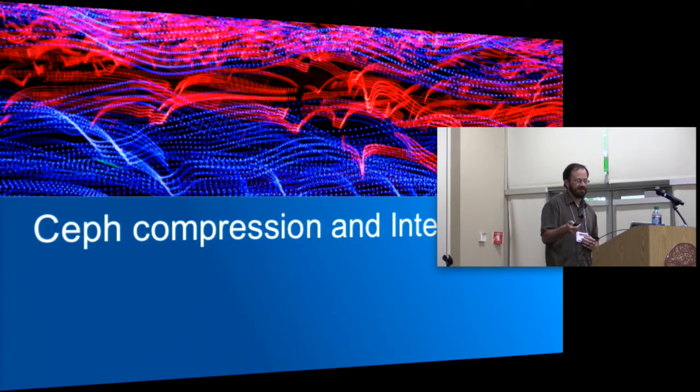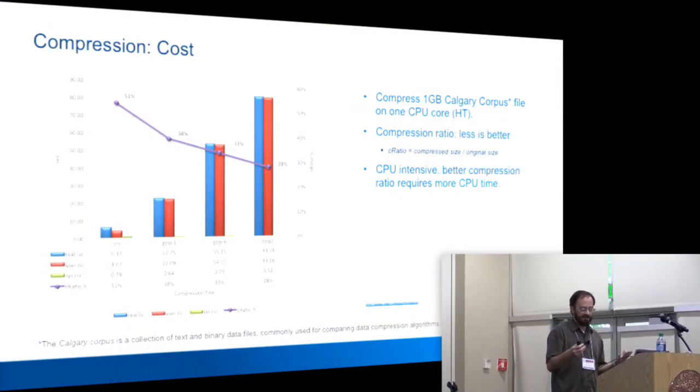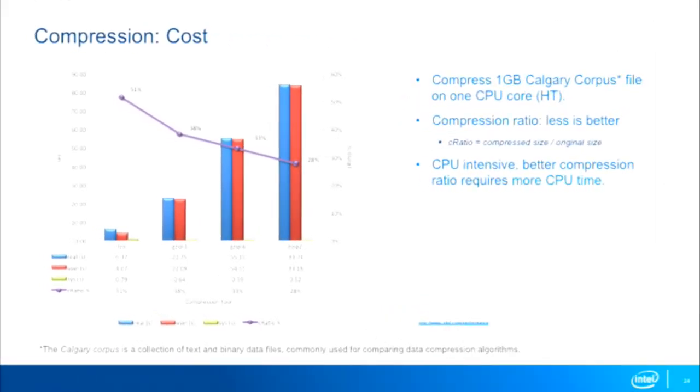Now, QAT, Ceph and QAT, they did compression. So in this setup, the compression is very CPU intensive, of course, more than Erasure Codes or most other algorithms. So they turned on compression, and you can see the trade-off between picking an algorithm, compression ratio, and the CPU utilization.